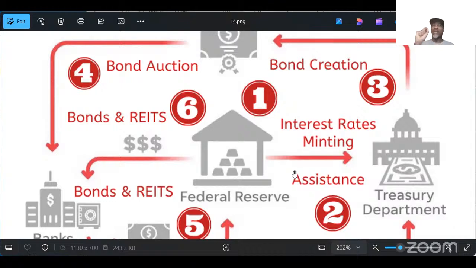Now, when they make that decision about raising and lowering interest rates or printing and destroying money, let's say they decide to print more money. Remember, on the face of that money, it says it's a debt note. So you have to create the debt.